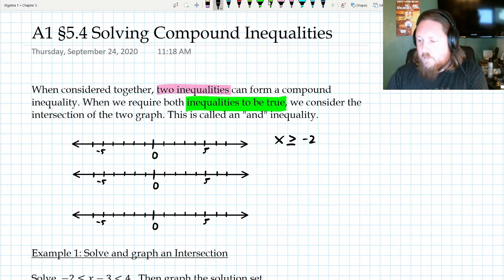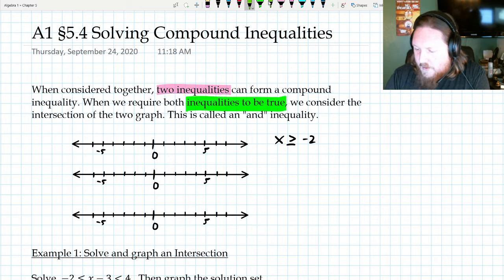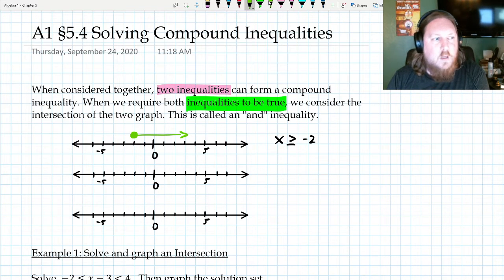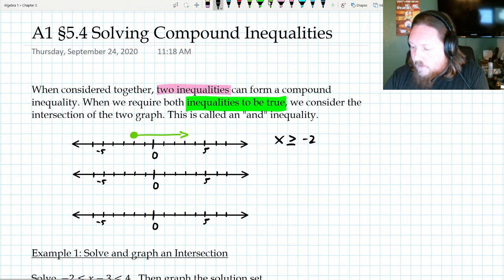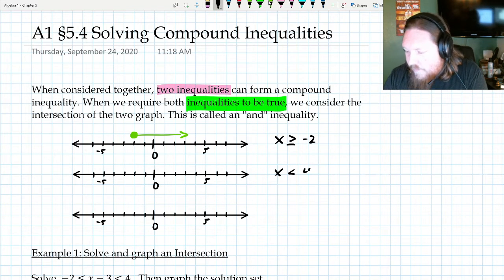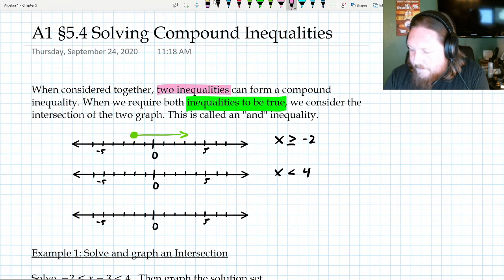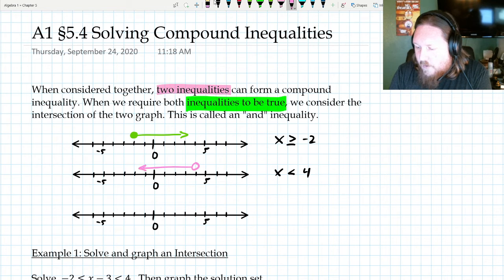And if we take a look at the graph, that would be a solid dot at -2 with an arrow pointing off to the right. We could also have an inequality x is less than 4, and that would be an open dot at 4 with a graph pointing off to the left.